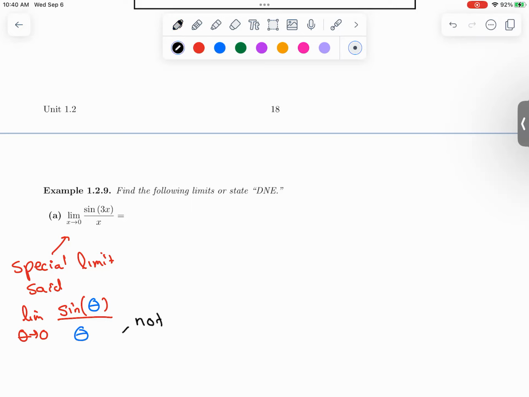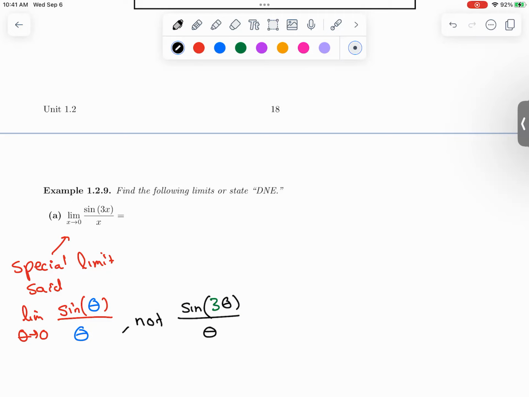Not sine of 3 theta over theta. So that's a problem. Because the special limit says sine of theta over theta, not sine of 3 theta. So what are we to do?